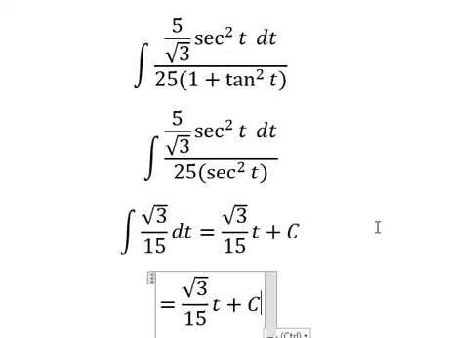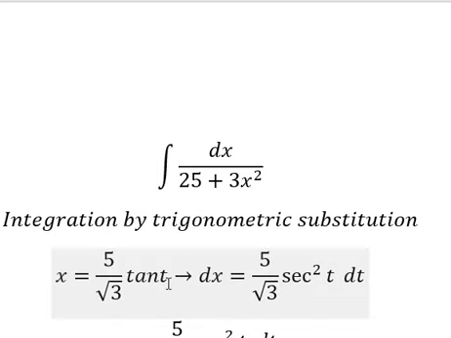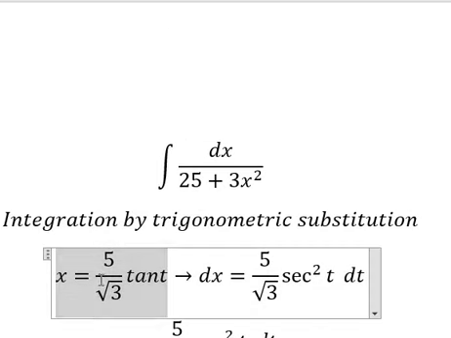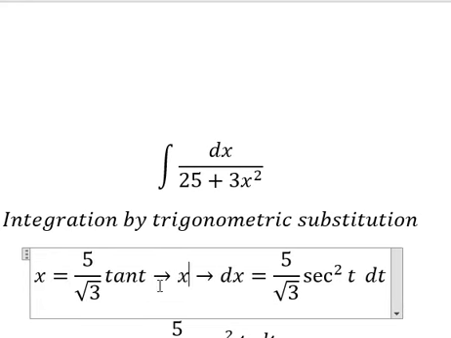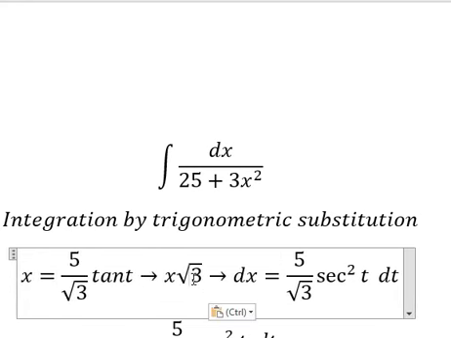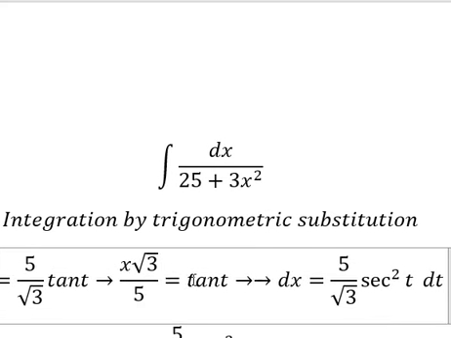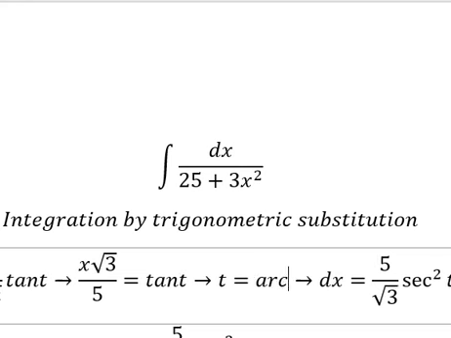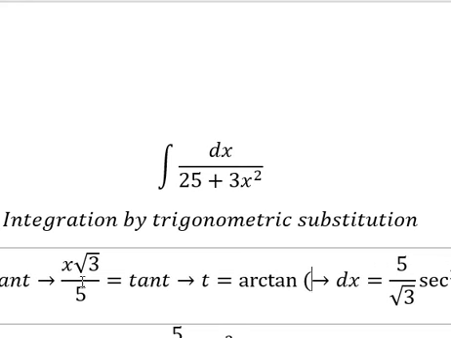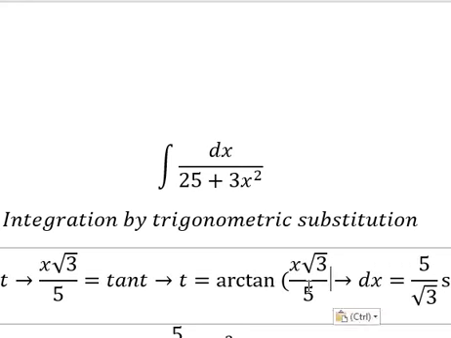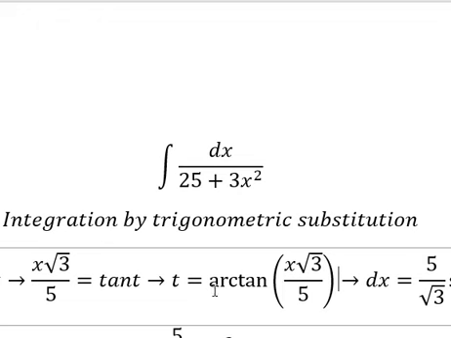About t, it is this one. So we need to divide both sides by this one. And now we can find the value of t, that is arctan of this one. So I will put this one to change for t.